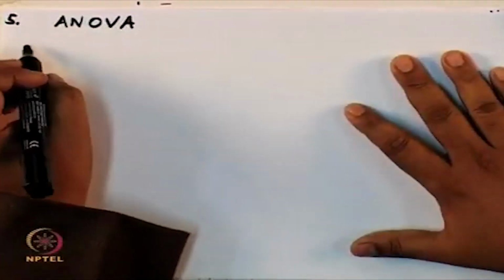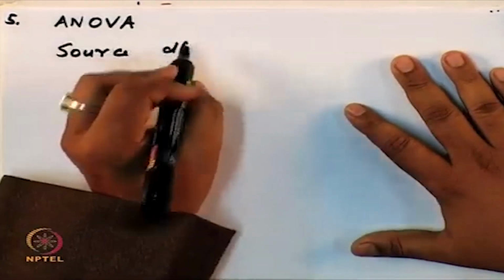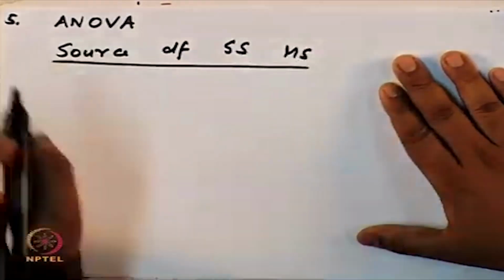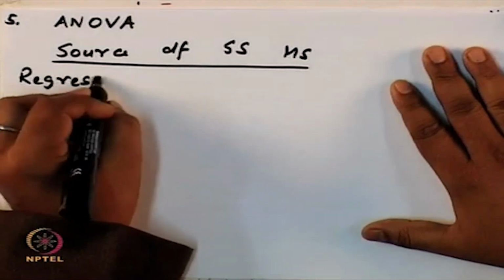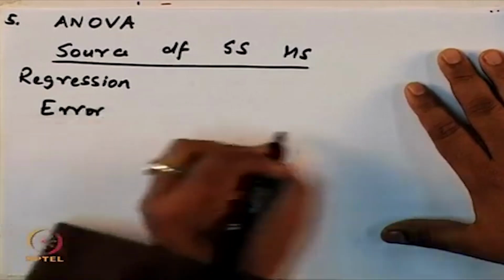So, if I write down the ANOVA table, it should look something like this. Source, degree of freedom, SS and MS. Your sources are regression and error, the two components of the total.